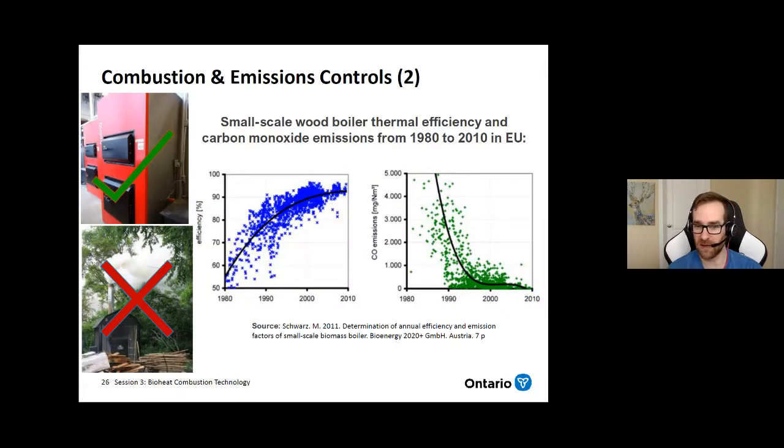So like I said, from the early 2000s to the end of the 2000s, you'd see that typically the emissions were a lot reduced because of that automation and those sensors.